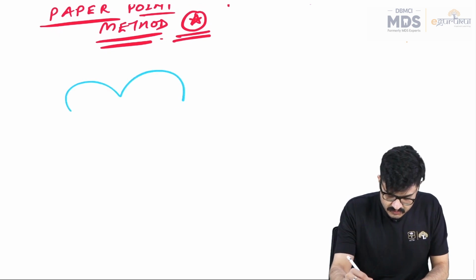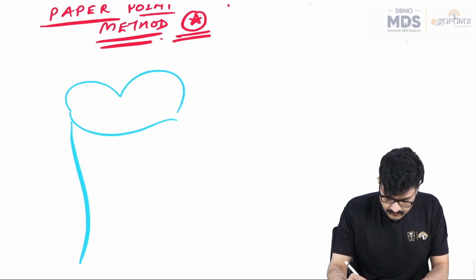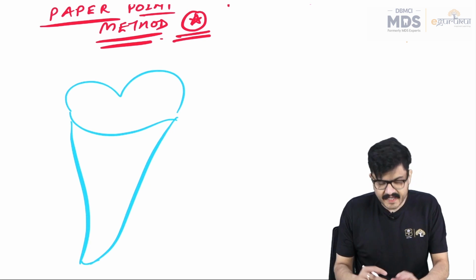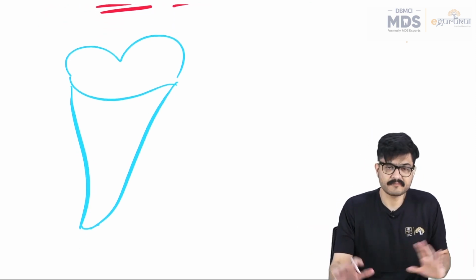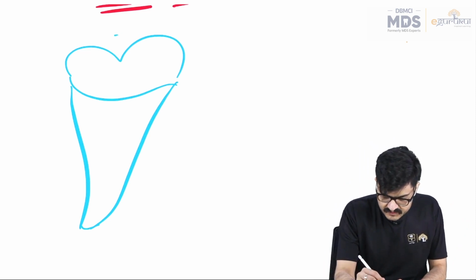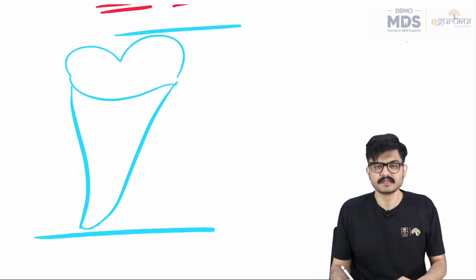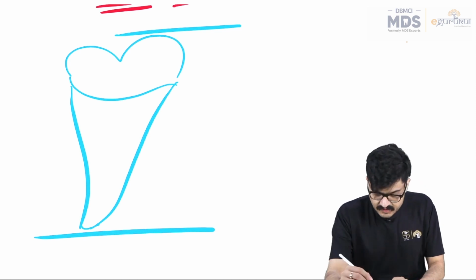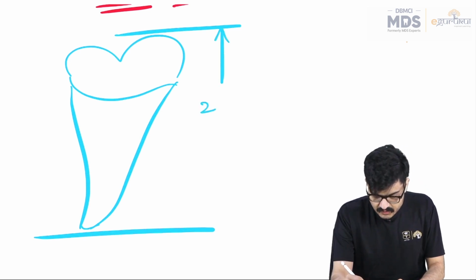So that's your tooth, friends. Taken a nice pre-op X-ray. As far as I'm concerned, I'm very confident that this X-ray is undistorted. This is my reference point. This is my tooth. This is my radiographic apex. Now let this length be 20 millimeters.